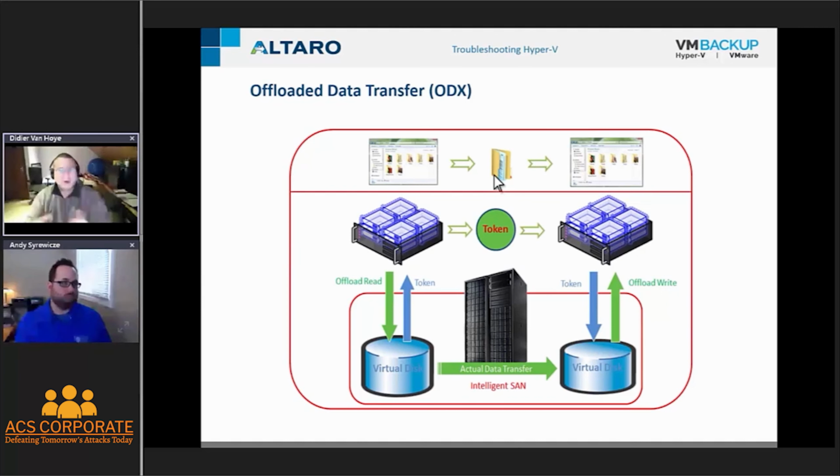There have also been bugs during storage live migrations, where with ODX enabled on certain SANs, you would get data corruption. And data corruption means you will have to resort to backup. It might not be a surprise, this is a webcast by a backup vendor, and no matter how good the quality of your setup is, no matter how good the hardware is that you use, bad things can happen.